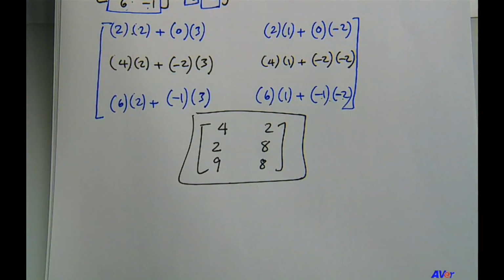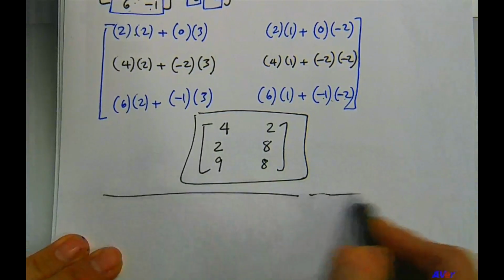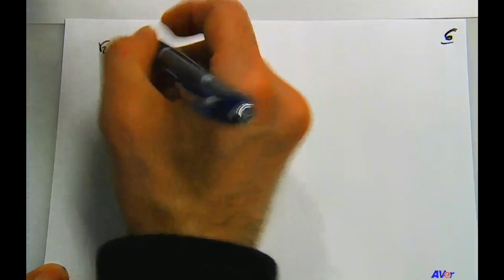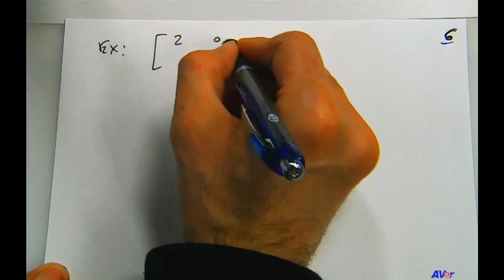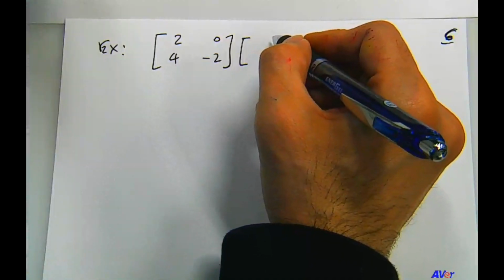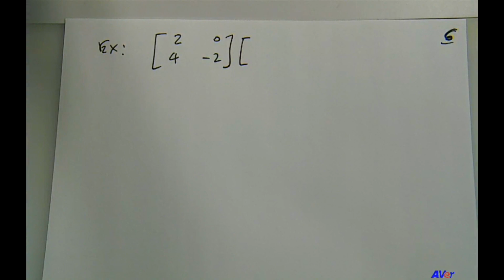Okay, so let's do another example. Suppose we want to multiply these two matrices, and after this we'll do one example with multiplying two 3 by 3 matrices.